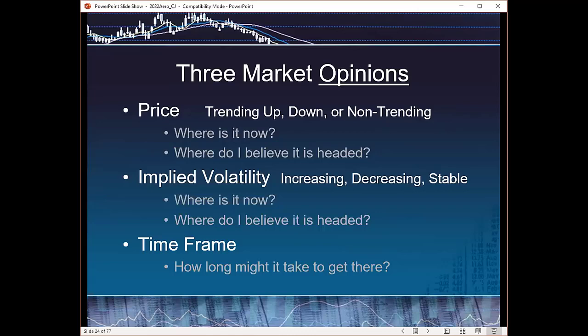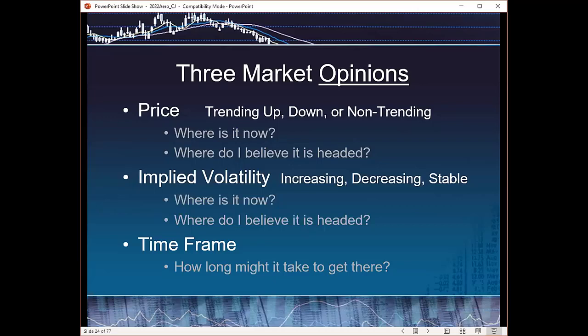Implied volatility. As an options trader, we care about: is that high or low right now? Is it increasing or decreasing? What's my opinion about implied volatility? If options are expensive, maybe I want to focus on selling options. When they're cheap, maybe I want to focus on buying options. And then thirdly, time frame.